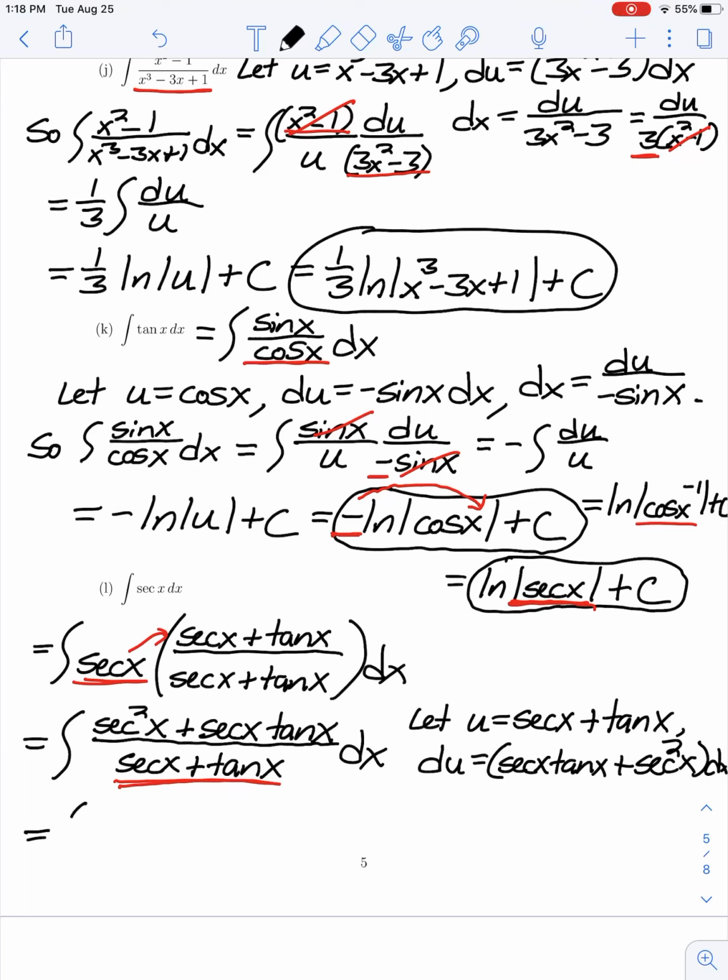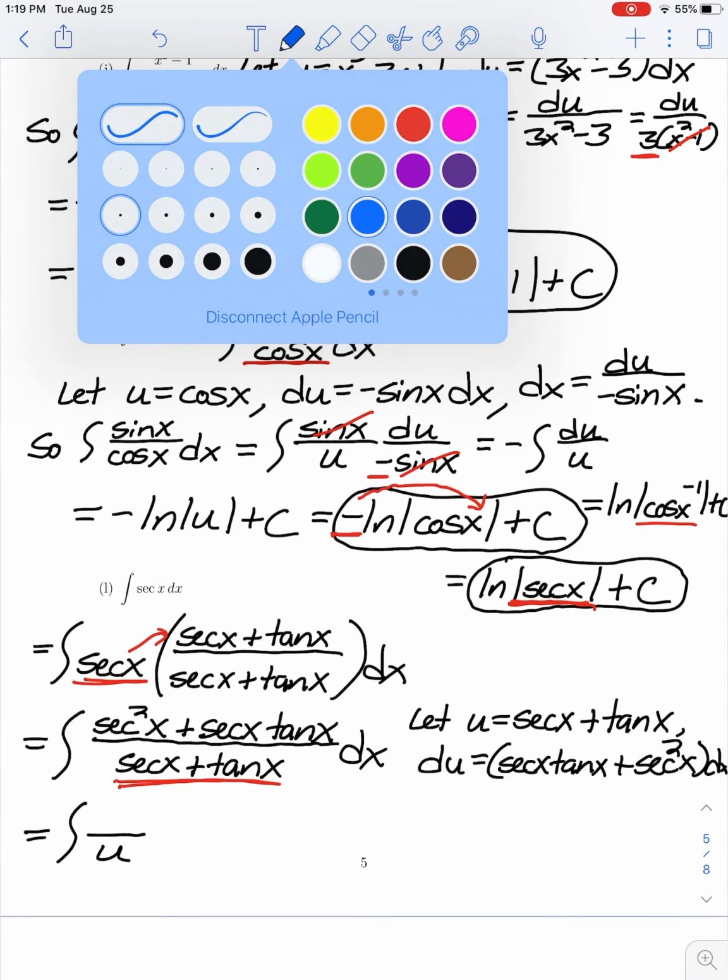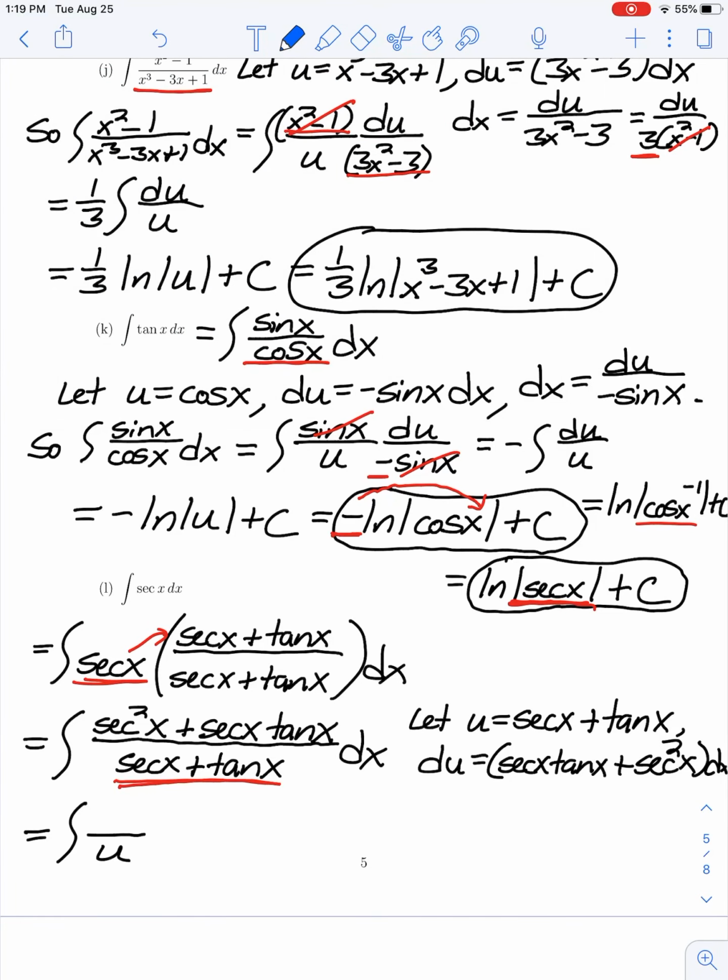So let's see what this gives us. We have the integral of, well, our denominator is what we were calling u, and let's look at the rest of this. Our numerator was given by secant squared x plus secant x tangent x times dx.